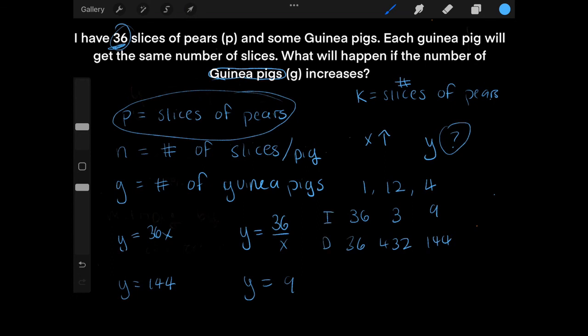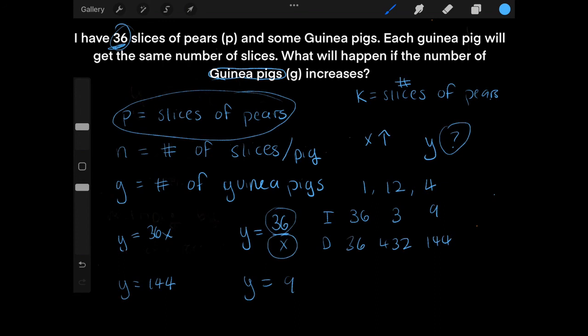Now, let's see which one logically makes more sense. If we increase the number of guinea pigs, will each pig get more or less slices? Well, if we have the same number of slices and we increase the number of guinea pigs, then we're dividing our constant value by more.